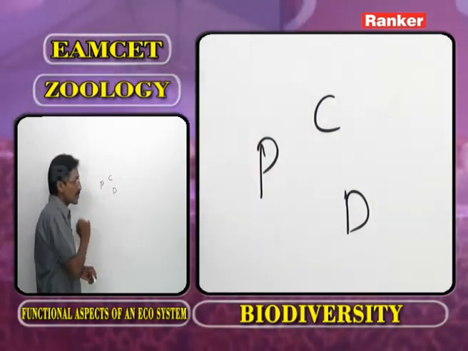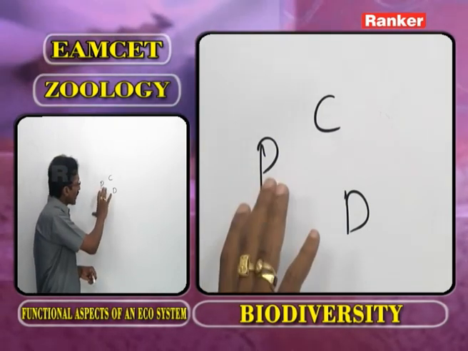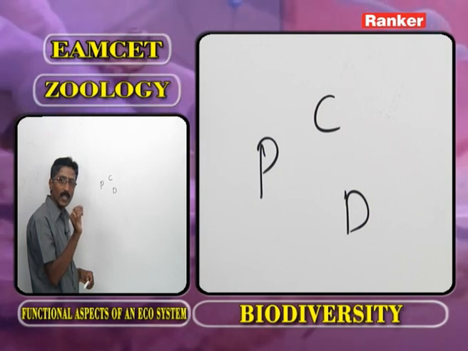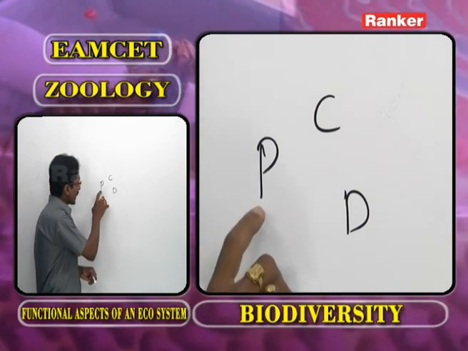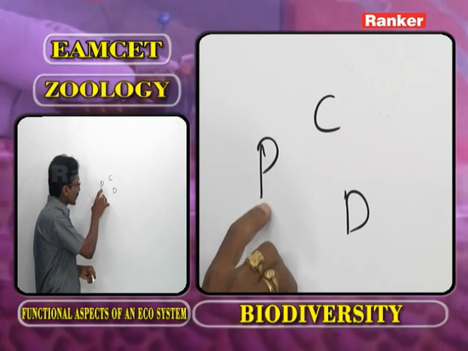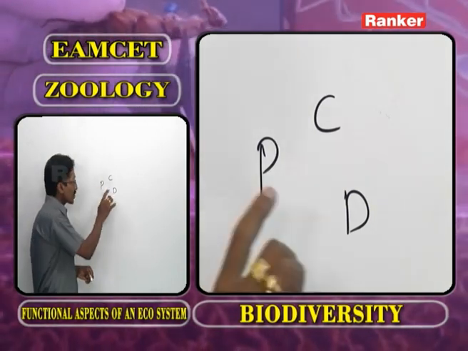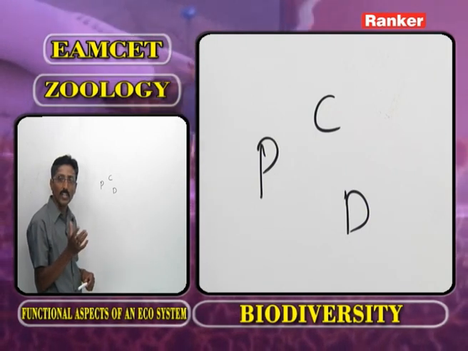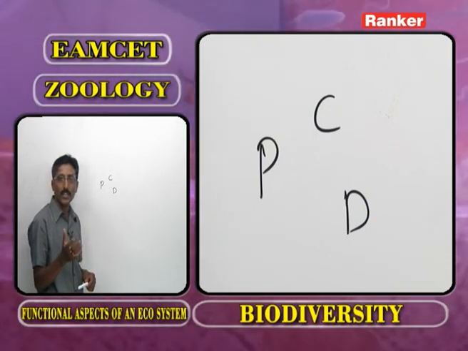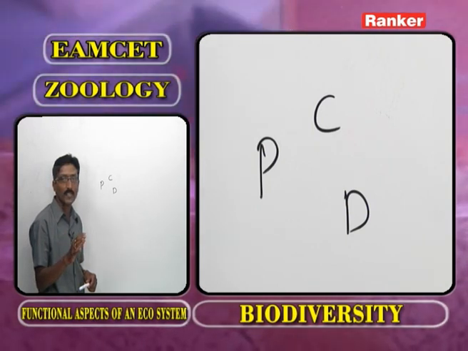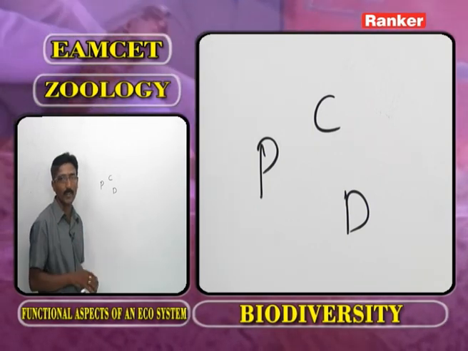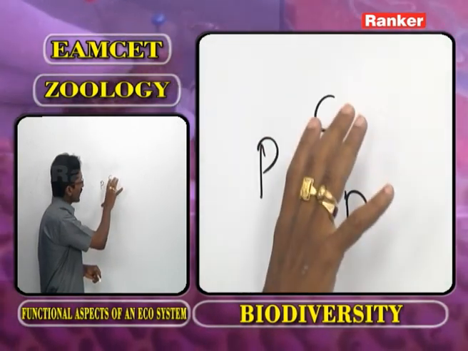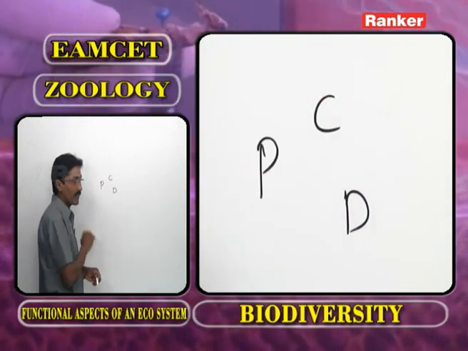After their death, their body will be decomposed by decomposers, and we get simple inorganic nutrients, which are again utilized by producers. So without decomposers, we are not getting simple inorganic nutrients, and without them the producers do not prepare food materials. So without decomposers, the nutrient cycle is largely affected.